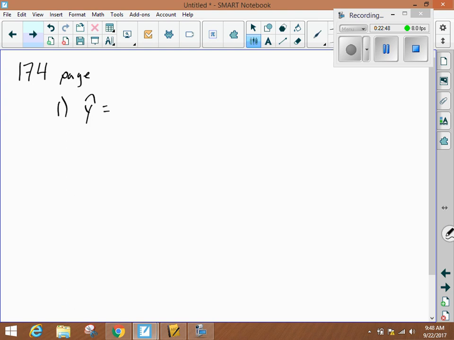Y hat is equal to 38,257 minus 0.1629, and it says miles driven there, so it must be the case that our explanatory variable is miles driven, and our response variable is price.